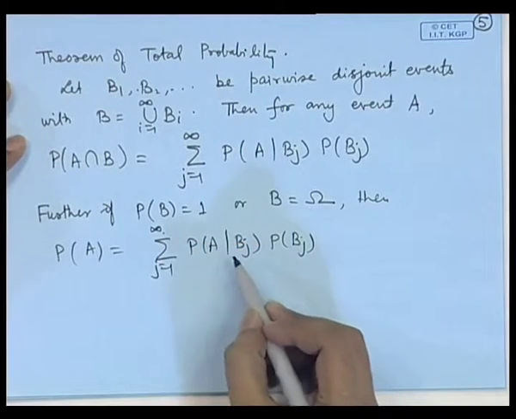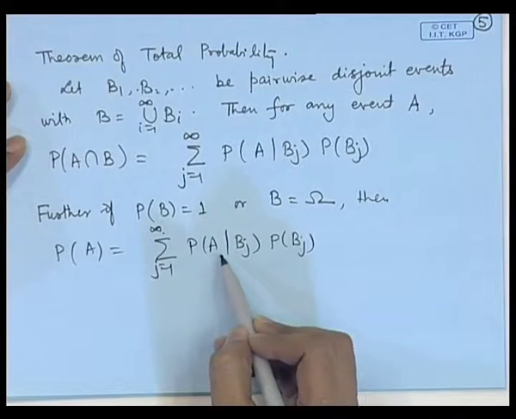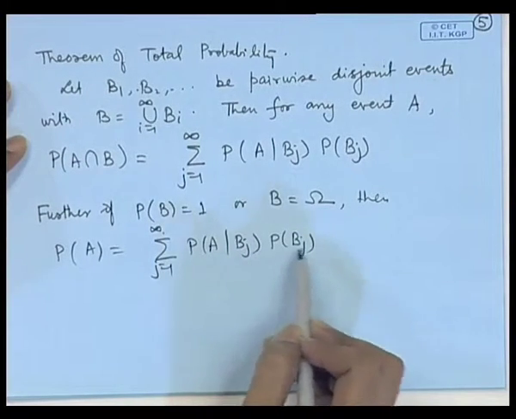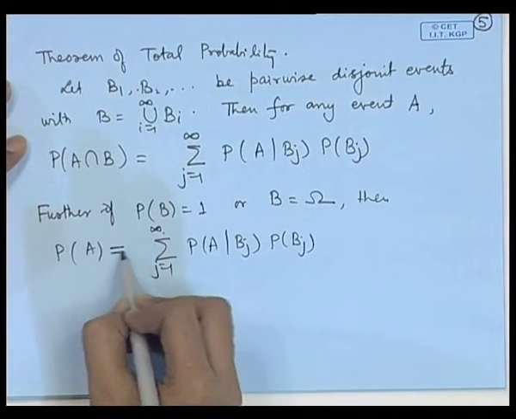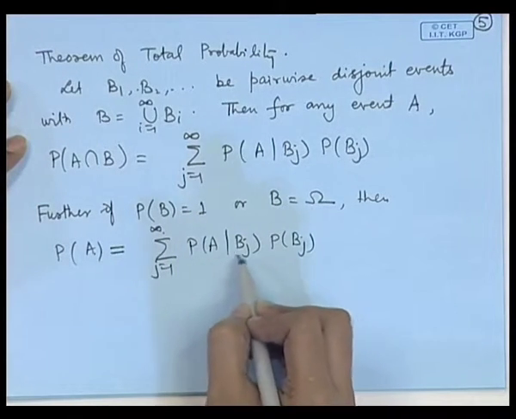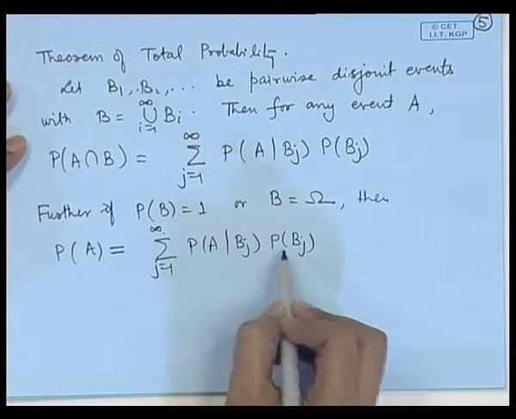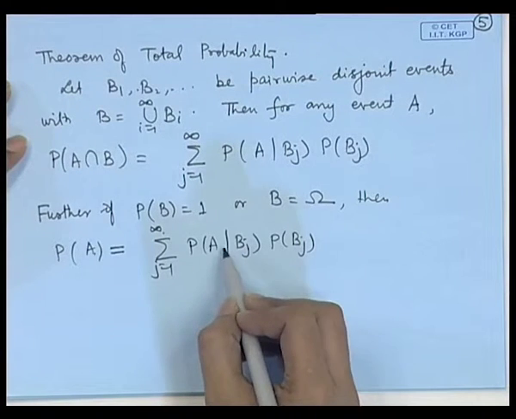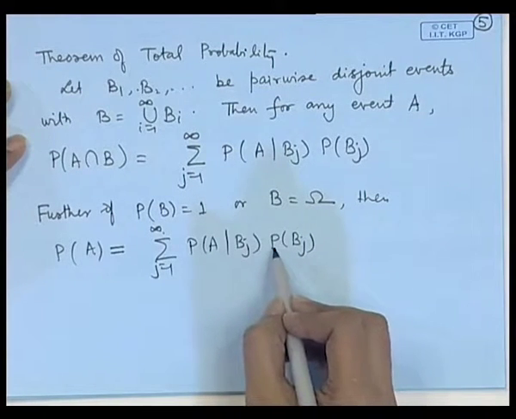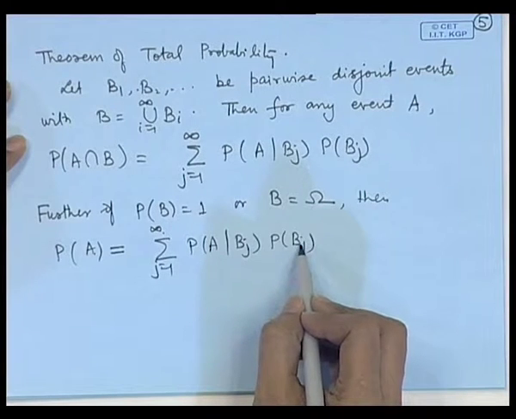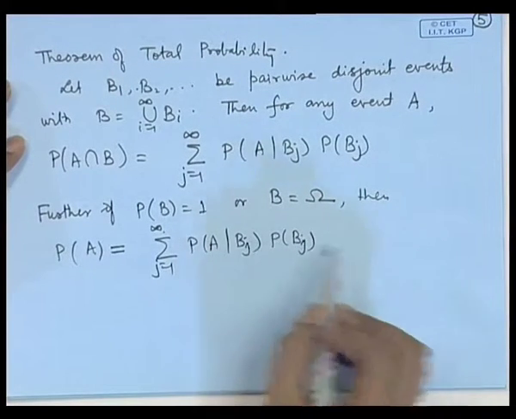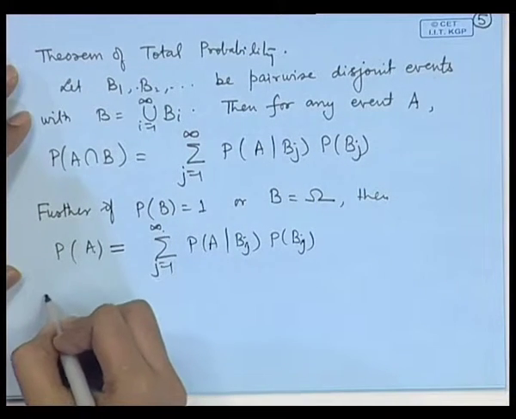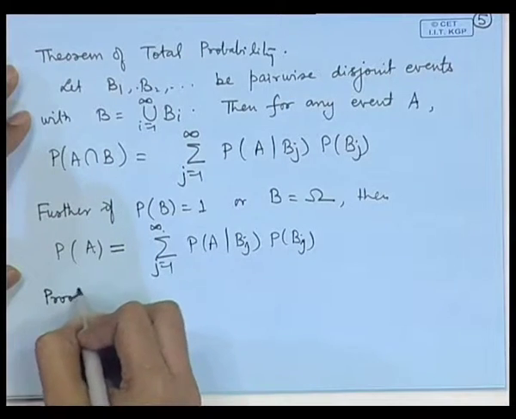So, you can see here, if we treat the event A as a consequence of either of B1, B2, etcetera, then the eventual probability that A occurs can be represented in terms of the probability that it has been caused by B1, it has been caused by B2, etcetera, and the corresponding probability of those causes themselves. We will look at some example here, but firstly let me give the proof of this.